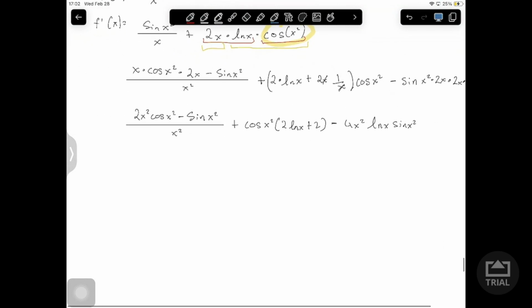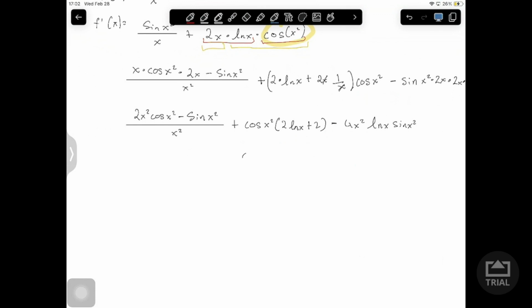Now we're going to distribute this cosine x squared into this portion.